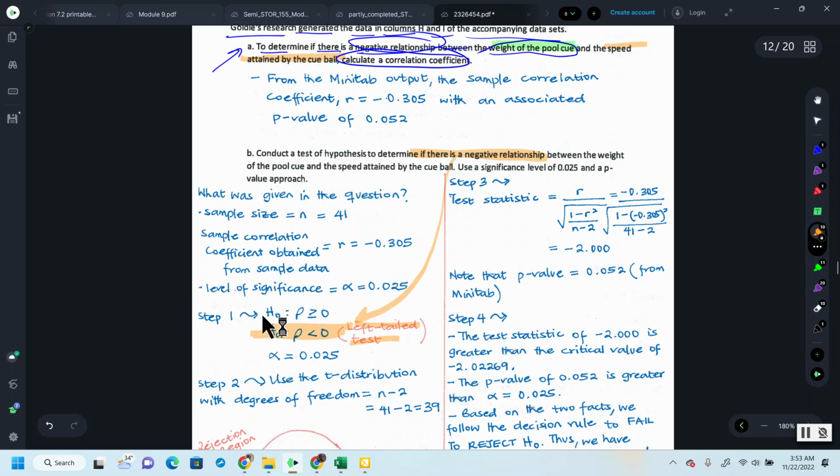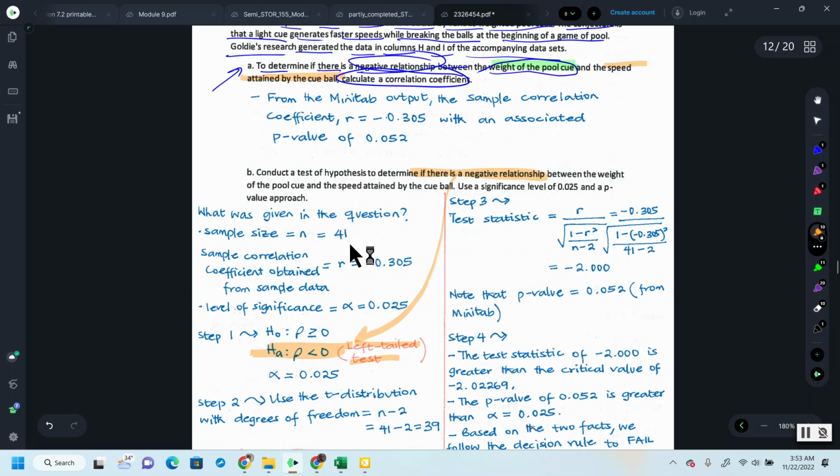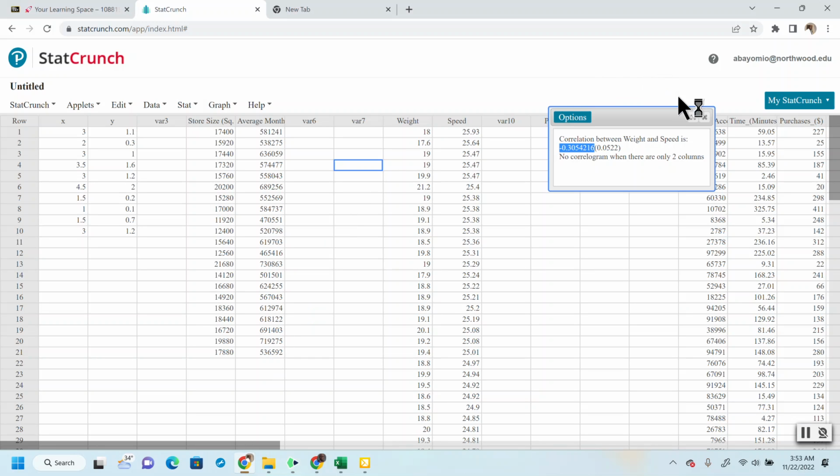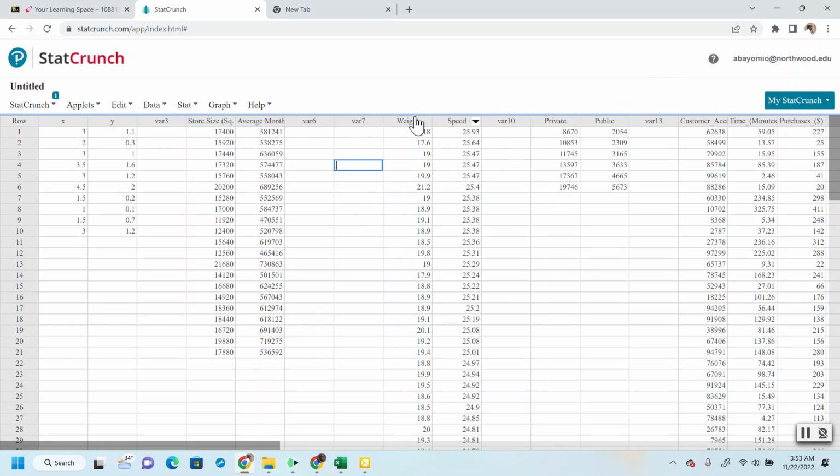To begin our analysis, we ask, what were we given in the question? We need the raw materials or the ingredients in order to cook up the right solution to this question. We have the sample size, and that is 41. How did I get this 41? If you go back into StatCrunch, that will be how many rows of data do I have here?